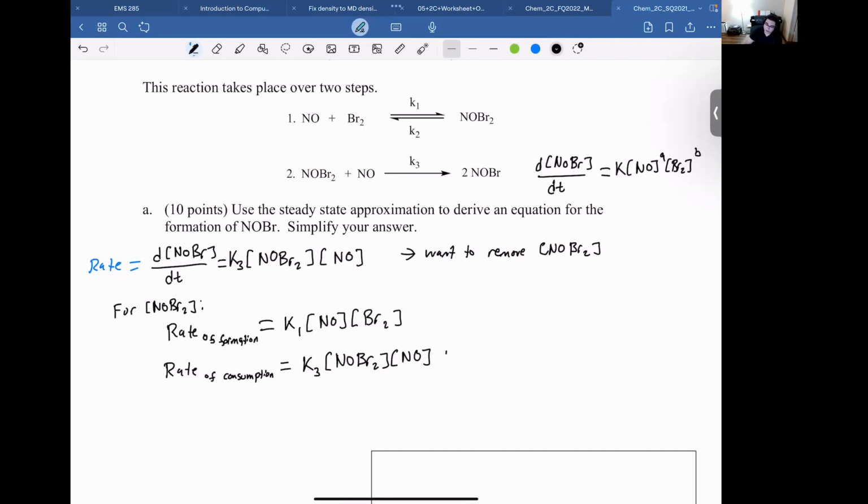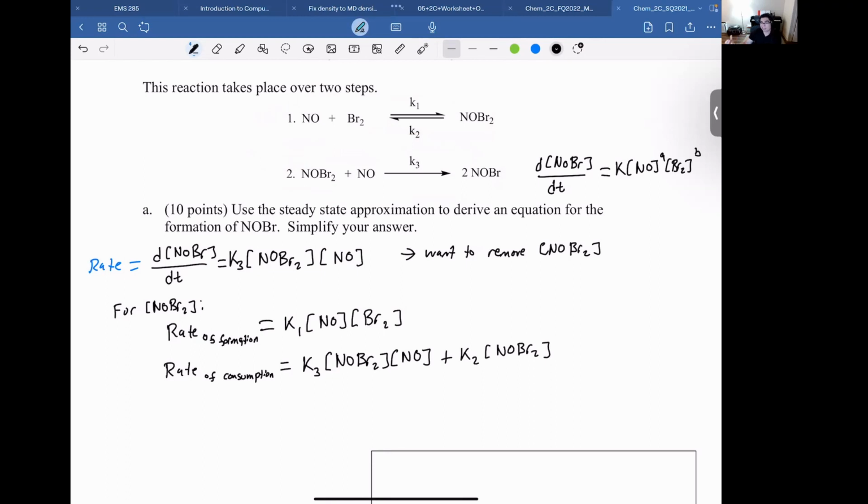However, it's also being consumed in the first reaction, in the backwards reaction. The second reaction only goes forwards, but this one can go backwards, where you have NOBr2 decompose into NO and Br2. The rate law for the backwards reaction is K2 times NOBr2.